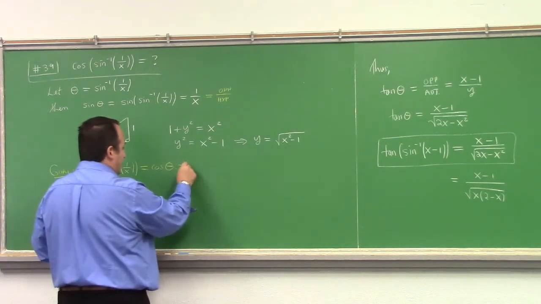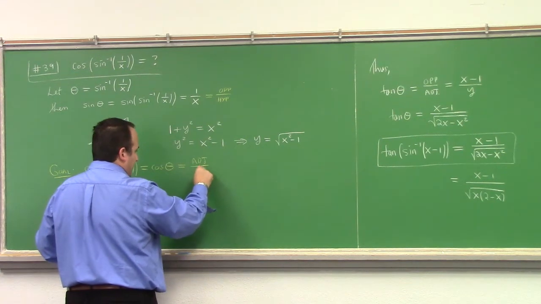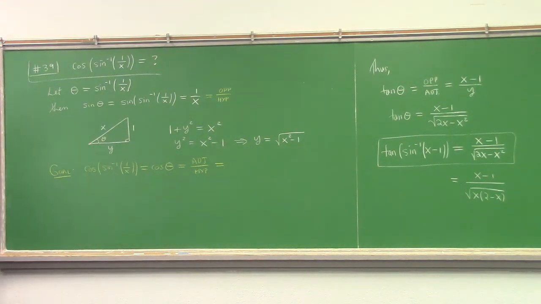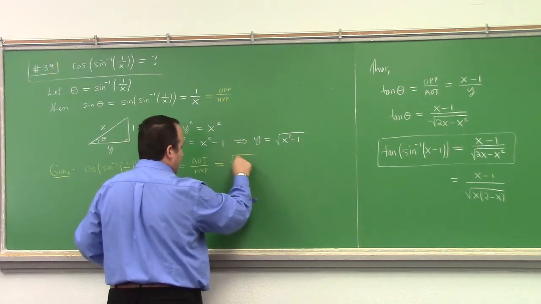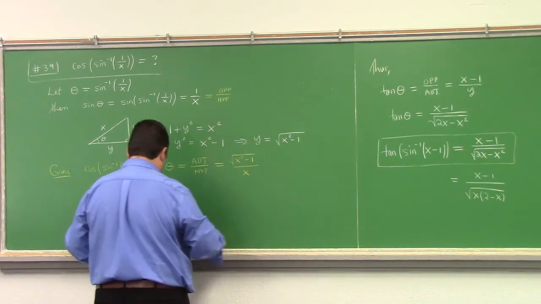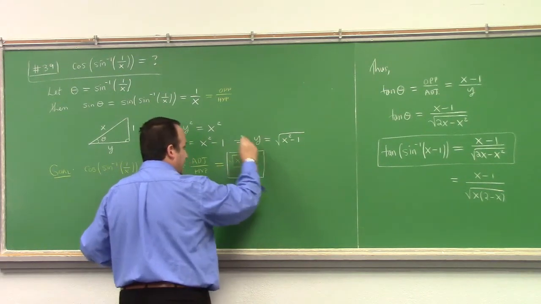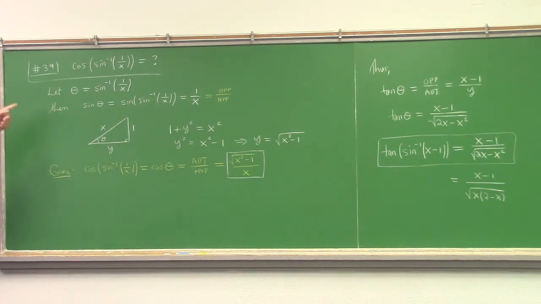I'll write it down symbolically again. It's the adjacent over the hypotenuse, right? Which in this context is what? Yes, the square root of x squared minus 1 over x. And there you go. That's a wrap. That is the algebraic expression which is equal to the cosine of that inverse sine.